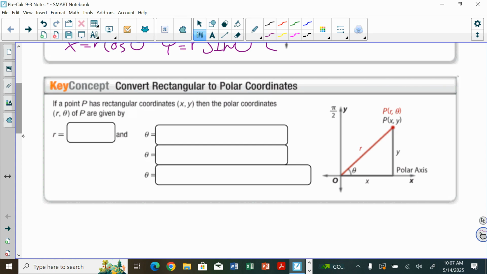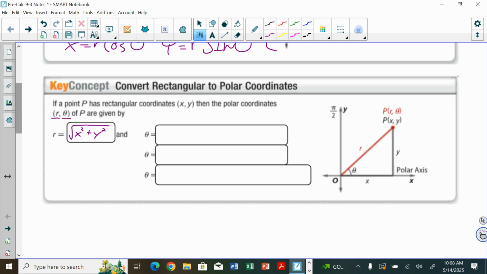If we have XY and we want to go back to polar, we want to get our r and theta. Now r is very simple. R is just simply the square root of x squared plus y squared. That's very simple, and that'll always be your r.